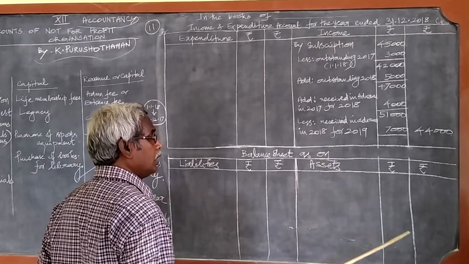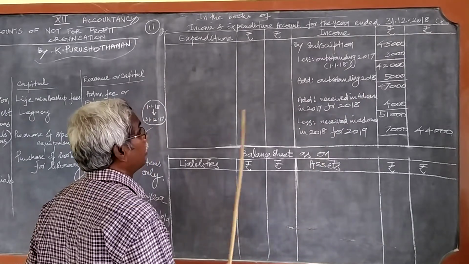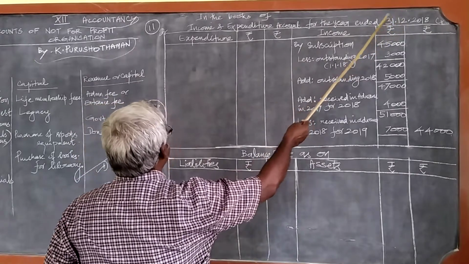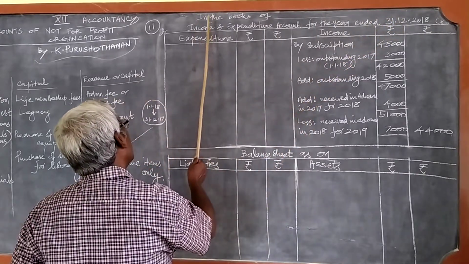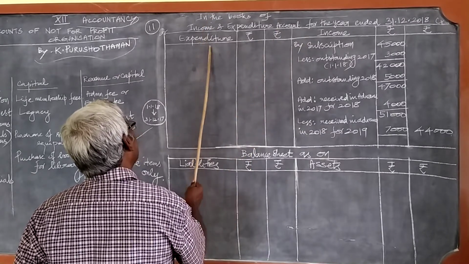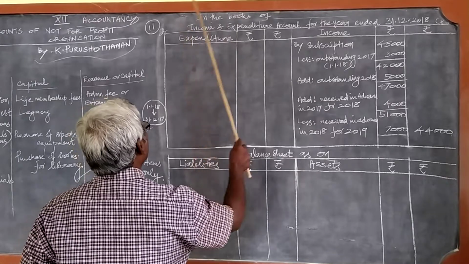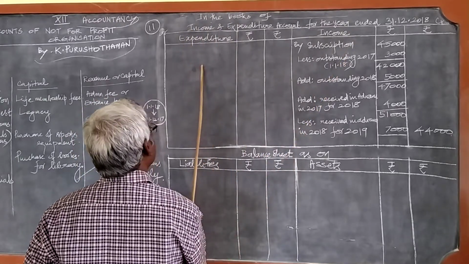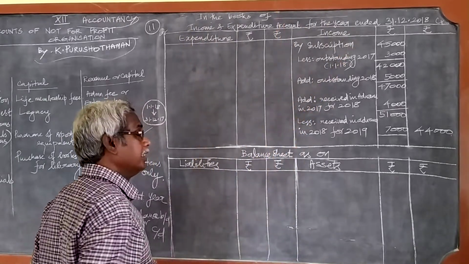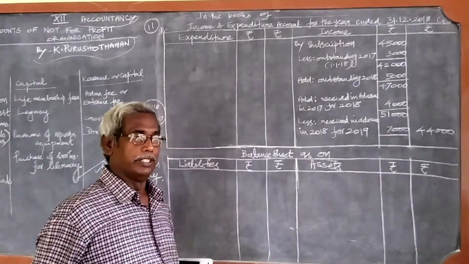For the year 2018 it is given, but the last date that is given there is 31/12/2018. On the top we are writing income and expenditure account, but when we start writing the heading of the tabular column, you should write expenditure then income there. Debit side expenditure, credit side income you should write. You should bear in mind, this is an important point.